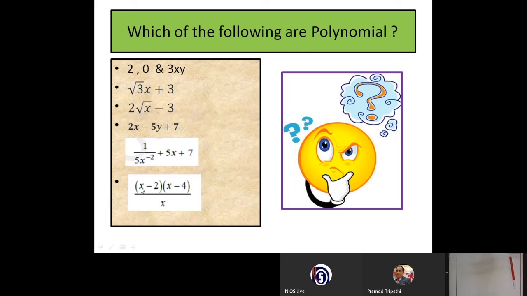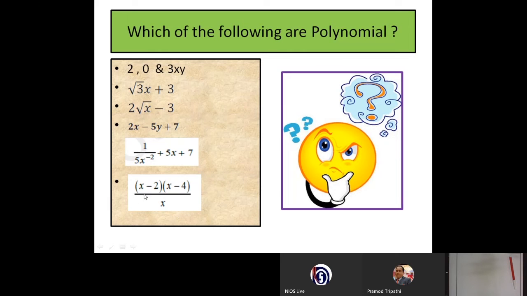Now in the last case, it is x minus 2 into x minus 4 upon x. Now you have to think whether it is a polynomial or not.